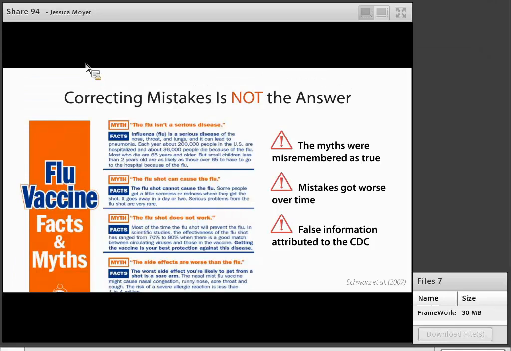The CDC was using a tactic that lots of communicators use that seem like they should work. It seems like it should make sense to just nip it in the bud and call out the mistake. But actually, it doesn't do that.